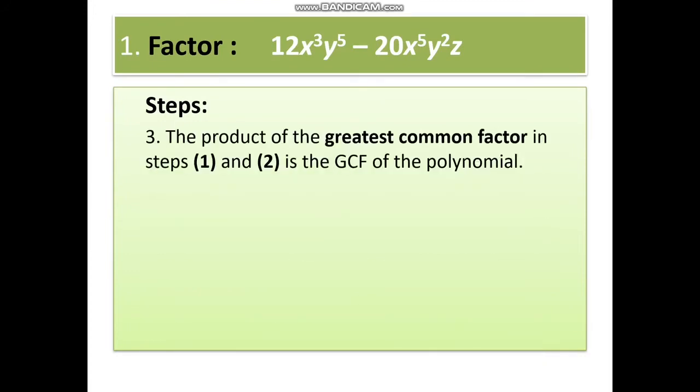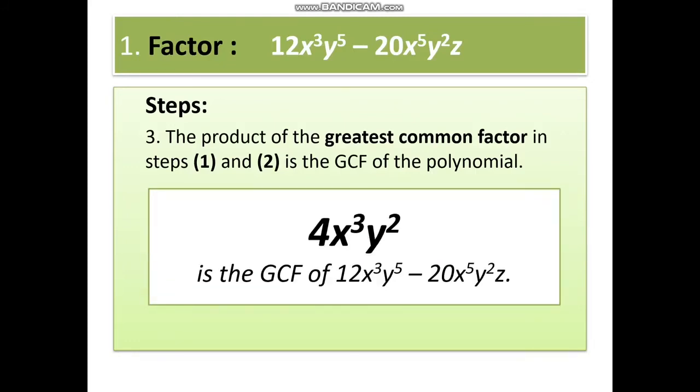Step 3. The product of the greatest common factor in steps 1 and 2 is the GCF of the polynomial. So therefore, 4x cubed y squared is the GCF of 12x cubed y to the 5th minus 20x to the 5th y squared z.